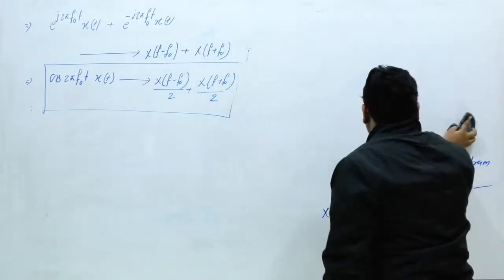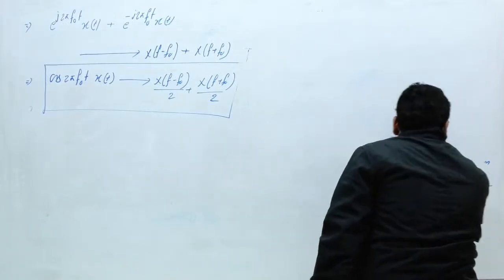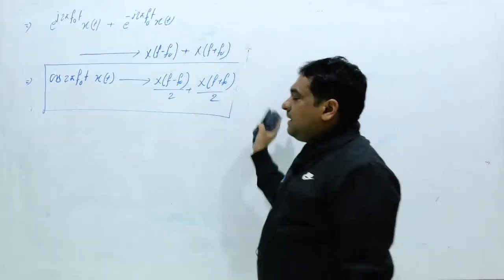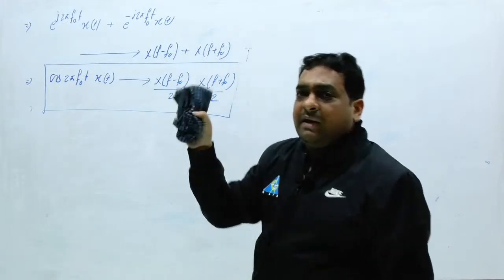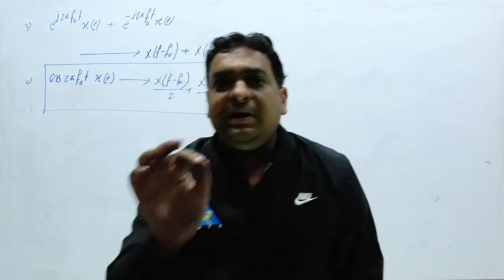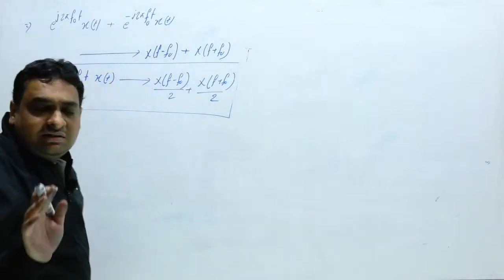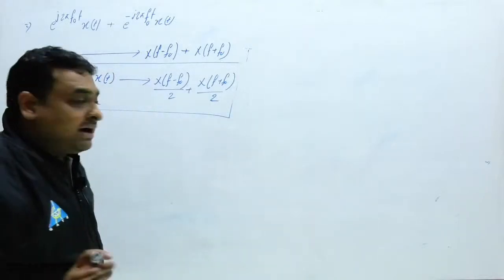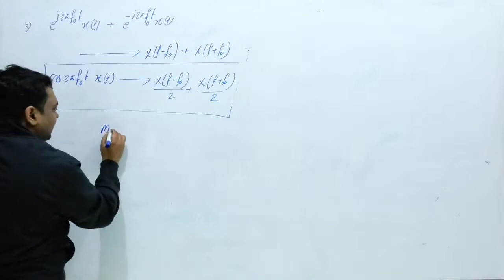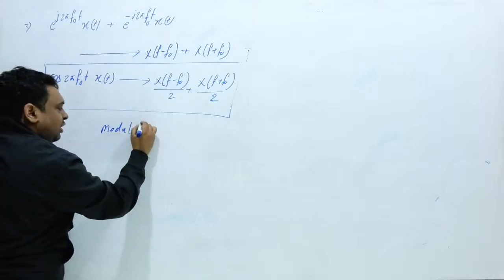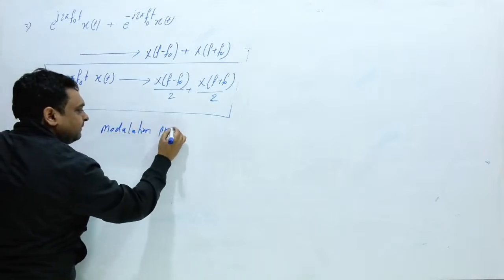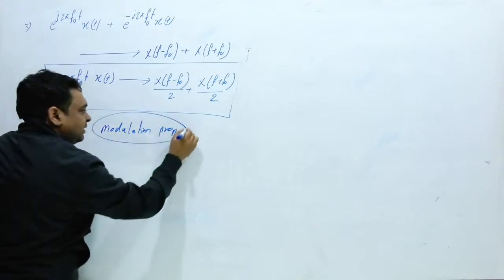Your Fourier transform will be shifted, one time to the f0 minus side, one time to the f0 plus side, and the amplitude will be divided by 2. Clear? The amplitude will be divided by 2. This property is called the modulation property.